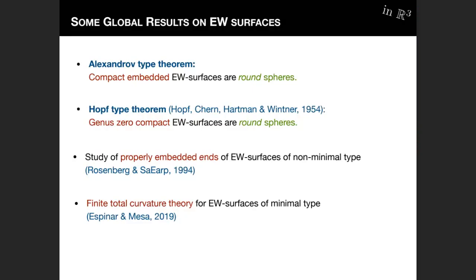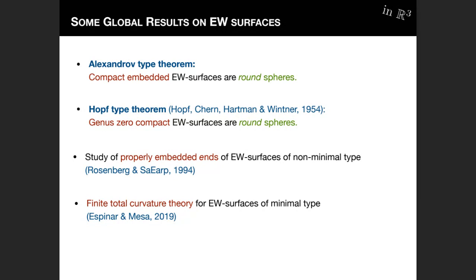Well, we have also some global results known for elliptic Weingarten surfaces. We have an Alexandrov type theorem, and the proof is actually the same as in the constant mean curvature case because the main tool used here is the maximum principle for elliptic partial differential equations.